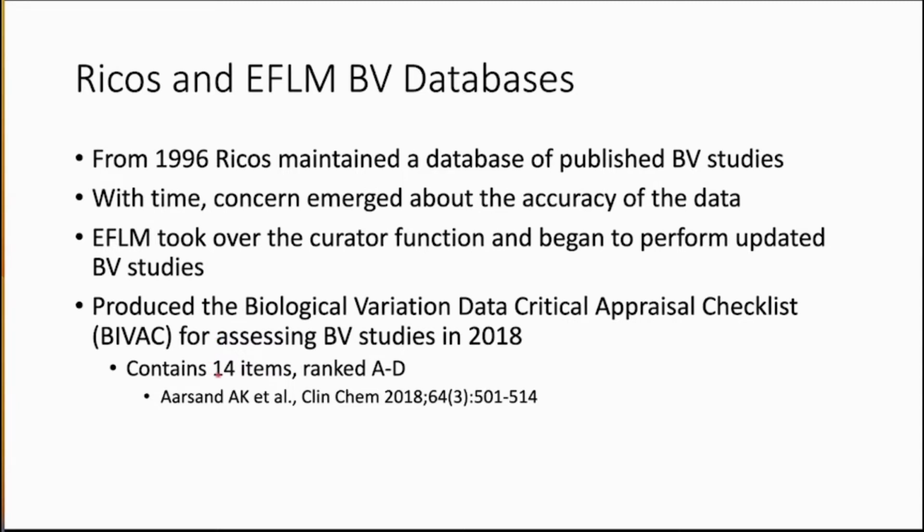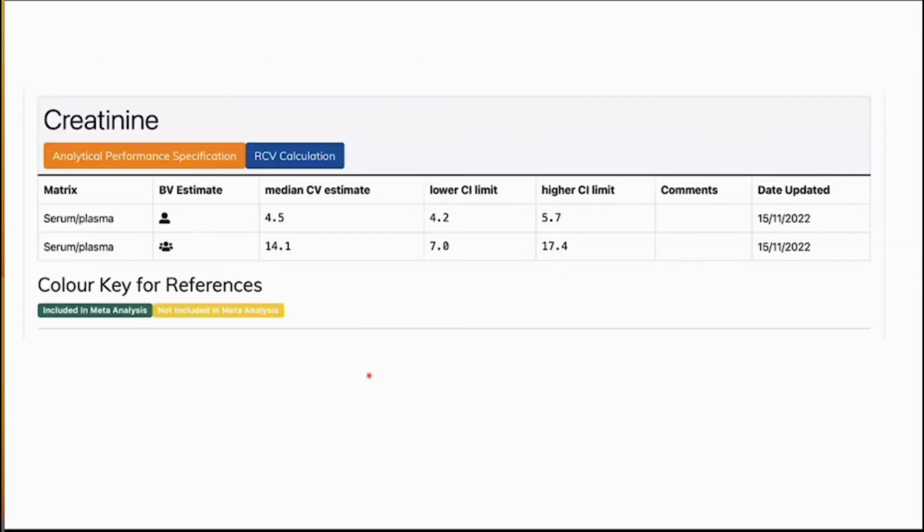This checklist contains 14 items, and they're ranked in importance from A to D. And so you go through a biological variation study and you apply this checklist and you check all the boxes and give them rankings on the items in these 14 elements. And each biological variation study therefore gets a kind of a score in terms of its quality and reliability before it goes into this biological variation database.